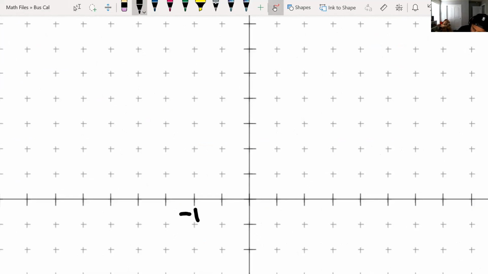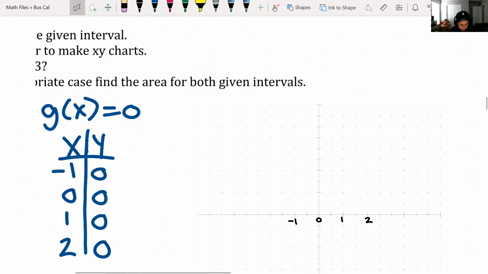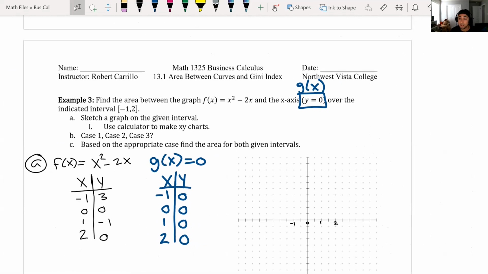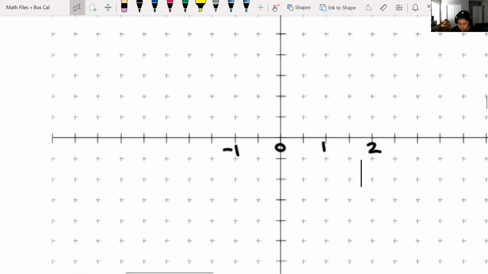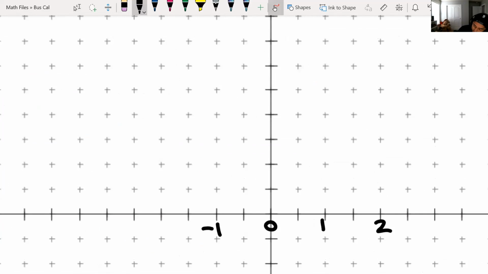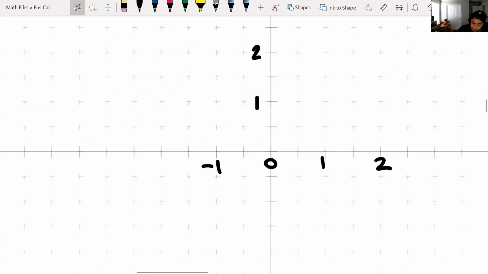So here's -1, 0, 1, 2. All right, and then my y values, I go to 3 and -1. So I can probably just space this out. So watch this. Since I go to 3, this will be 1, 2, 3. And then this will be -1.